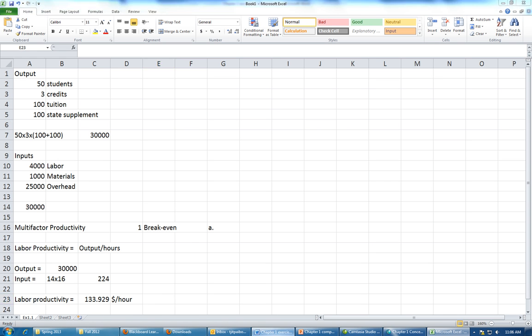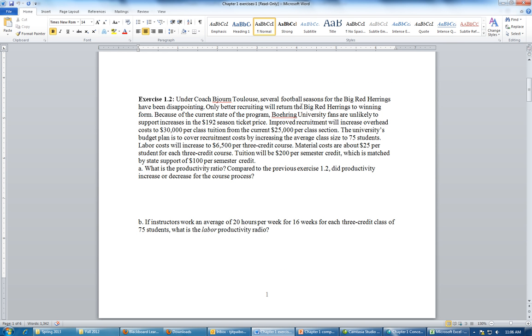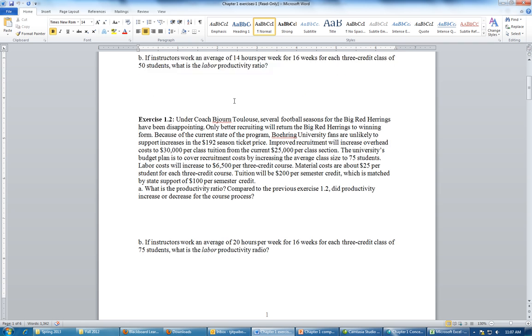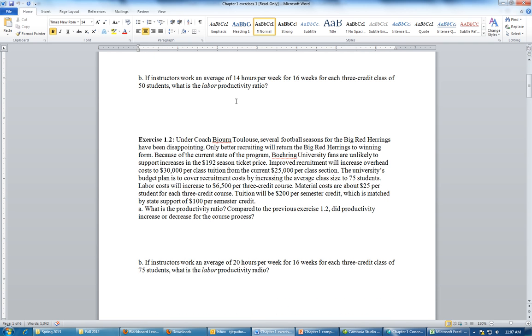Now going on to example 1.2. Example 1.2 is the same situation as example 1.1, the same university, but it's a what-if scenario. In this new situation, the university would like to compare these productivities with the first situation.